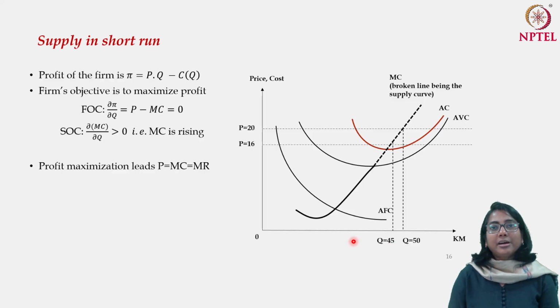So what is a supply curve? As the demand curve depicts the relationship between the price and quantity demanded by a consumer, the supply curve depicts the relationship between the price and quantity produced and supplied by the producer in the market.